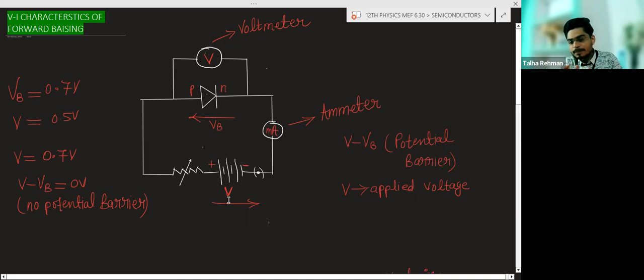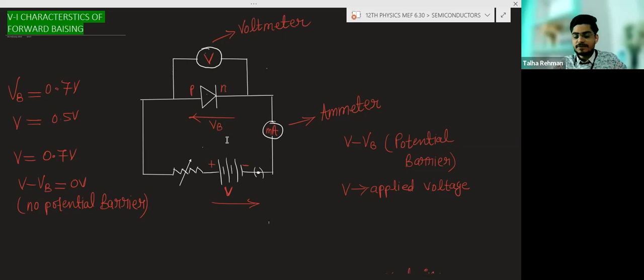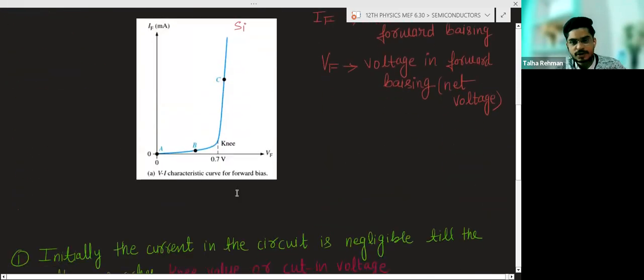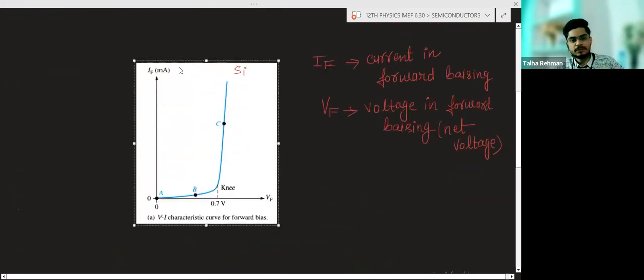Initially, when you will increase the potential difference, current will slowly increase. When this value becomes equal to this value, when applied voltage becomes equal to the barrier voltage, then suddenly the current will increase. After that, when you change the applied voltage a little, this type of graph you are going to get.